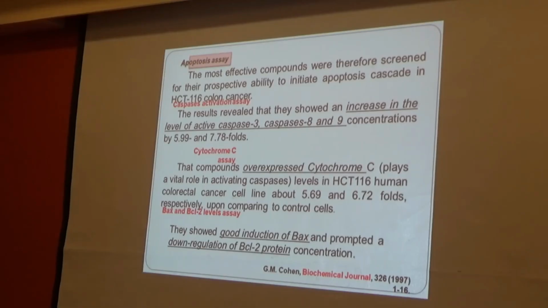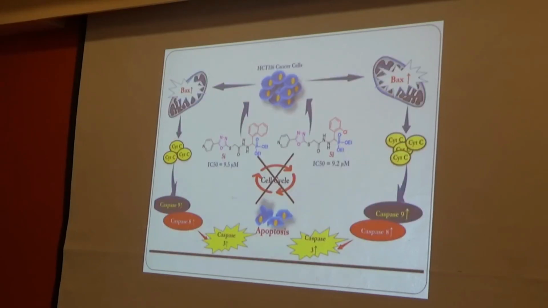They also show downregulation of BCL2 protein concentration, for the most active structure towards the colon cell line. Effect on BAX and cytochrome C, and in sequence caspase 9 and caspase 8, which follow caspase 3 to cause apoptosis.